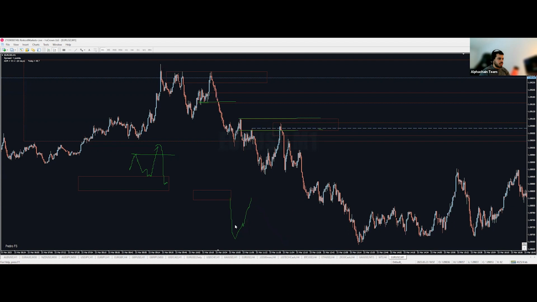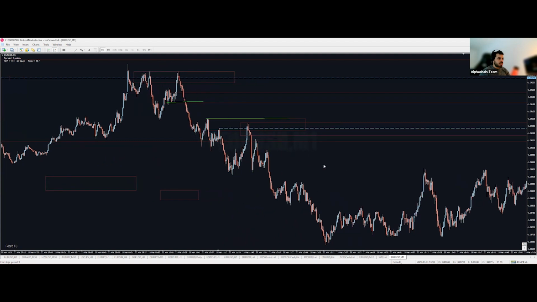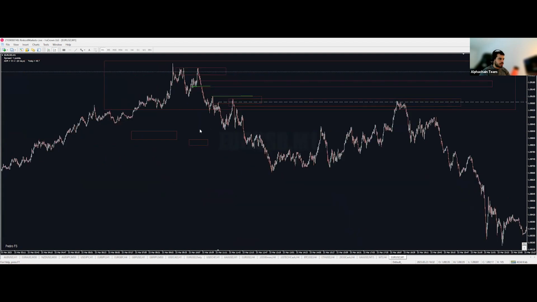So I need that move to create this for me to trade it. And that's why price still reacted quite nicely from here.